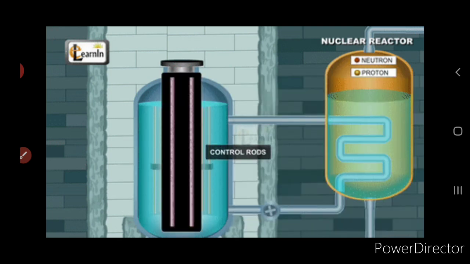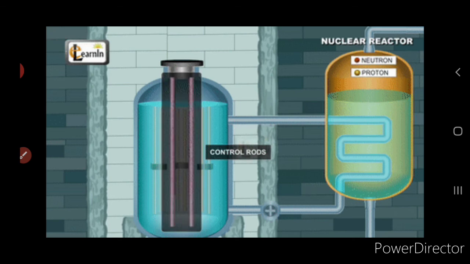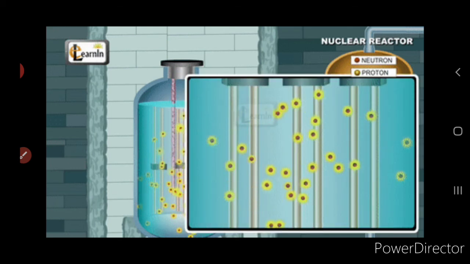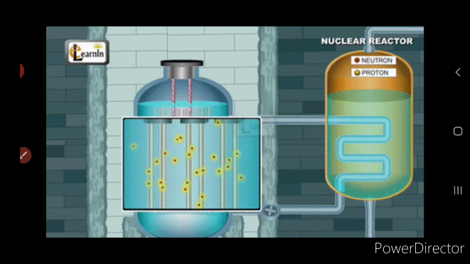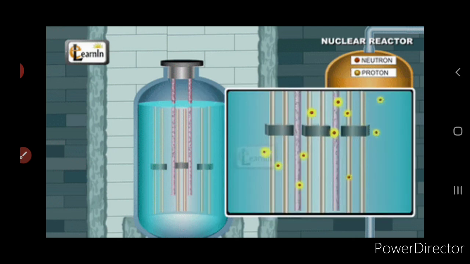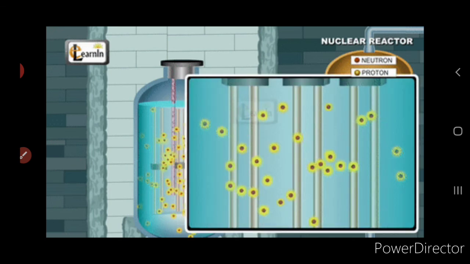Here you can see that in the control rods, the few neutrons are absorbed. These are inserted in between the fuel elements. Usually boron and cadmium are used. Cadmium rods are used as control rods so that they absorb the neutrons, and only one neutron is available to maintain the chain reaction.